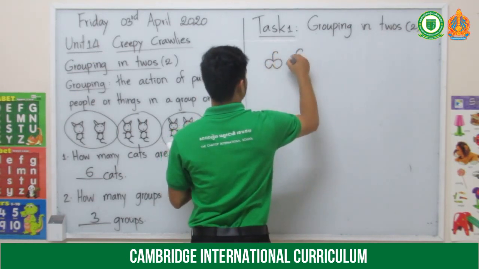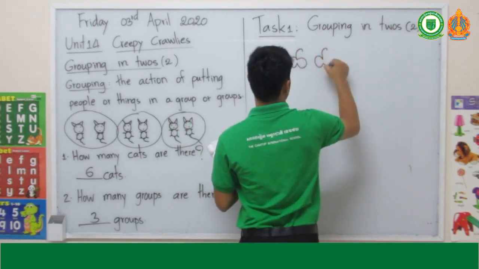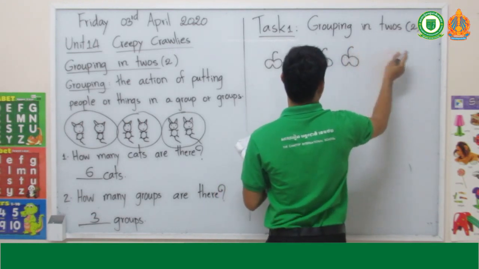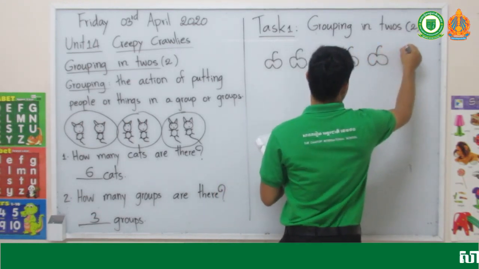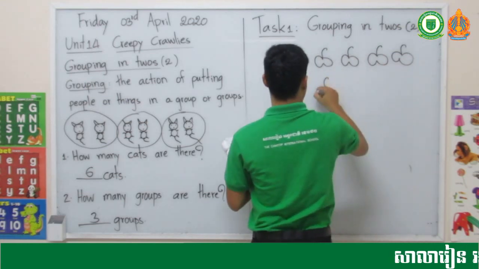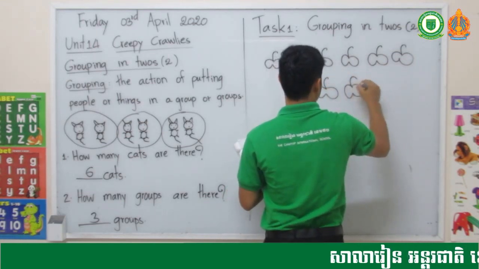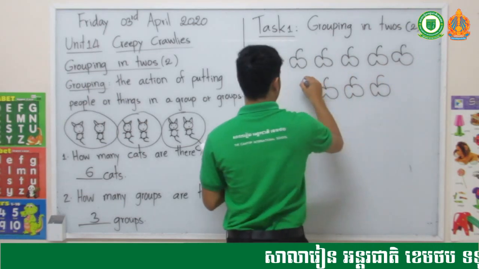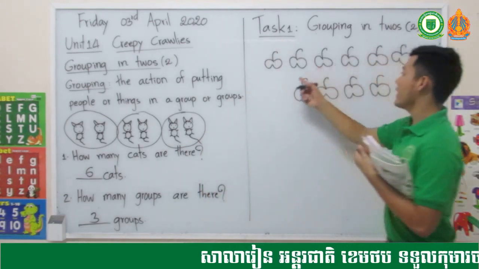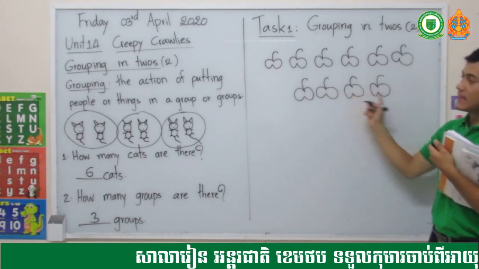Now I'm going to draw some apples, but I really don't know how many apples there are. So here there are some apples.